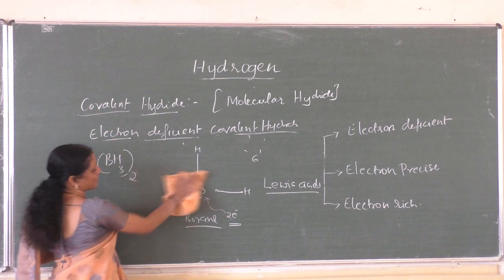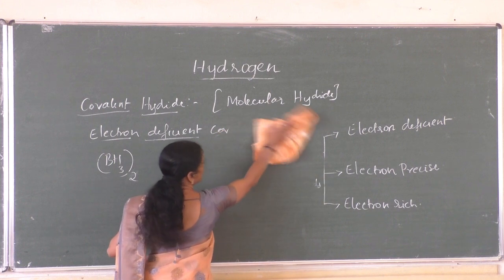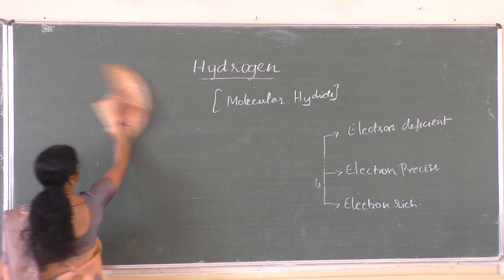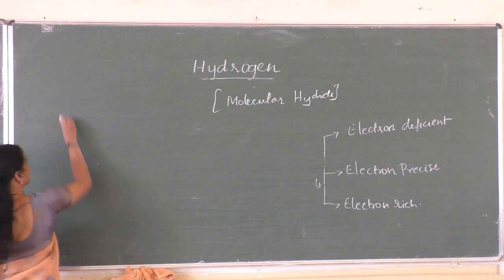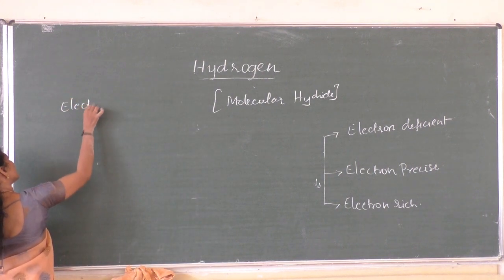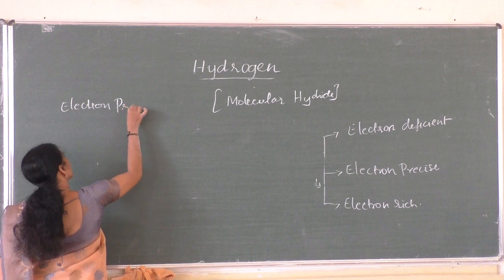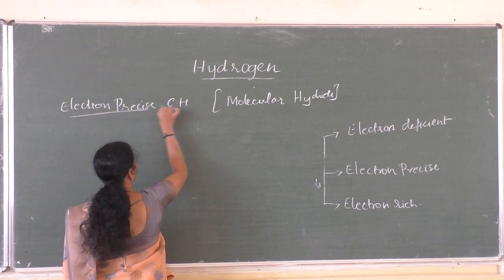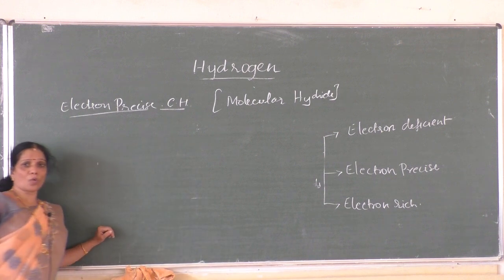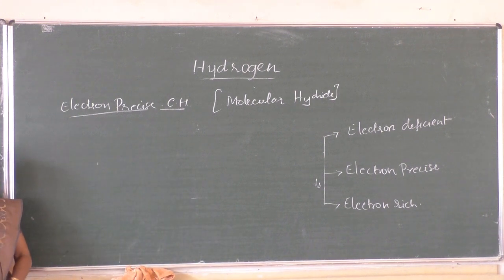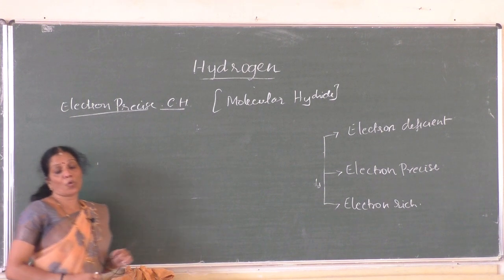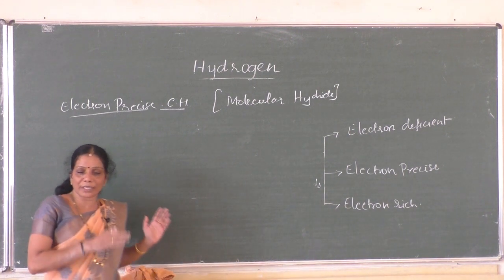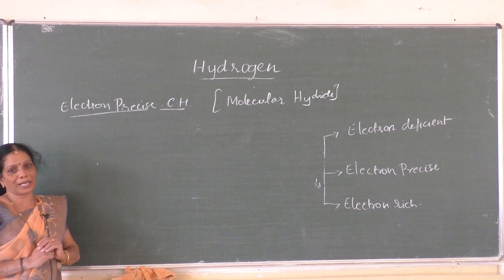Now next I will consider the electron precise covalent hydrides, the second type. What are electron precise covalent hydrides? We know that covalent hydride means hydrogen has to combine with the p block elements, starting from the 13th to the 17th group elements, isn't it?